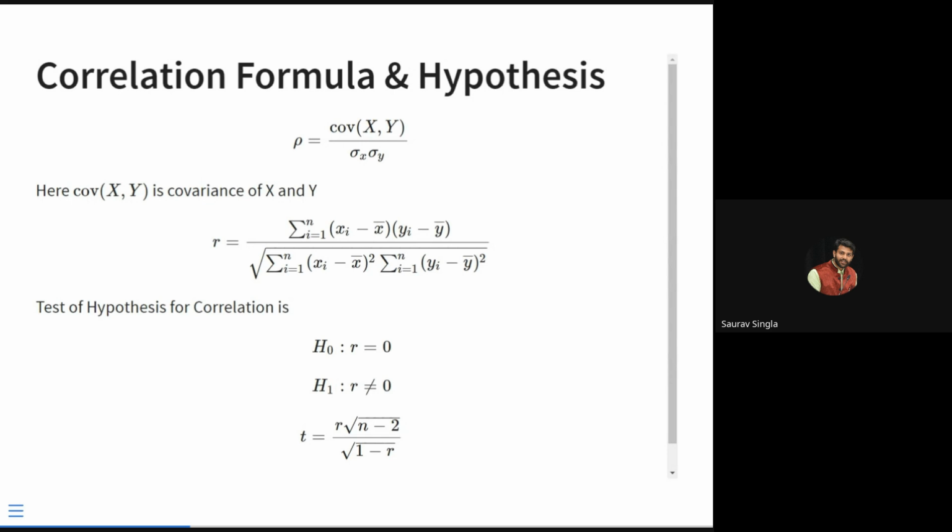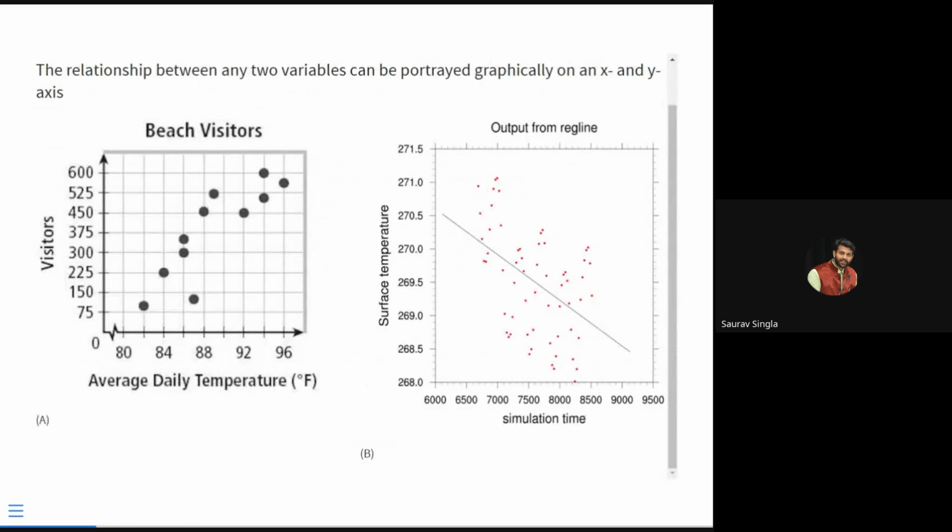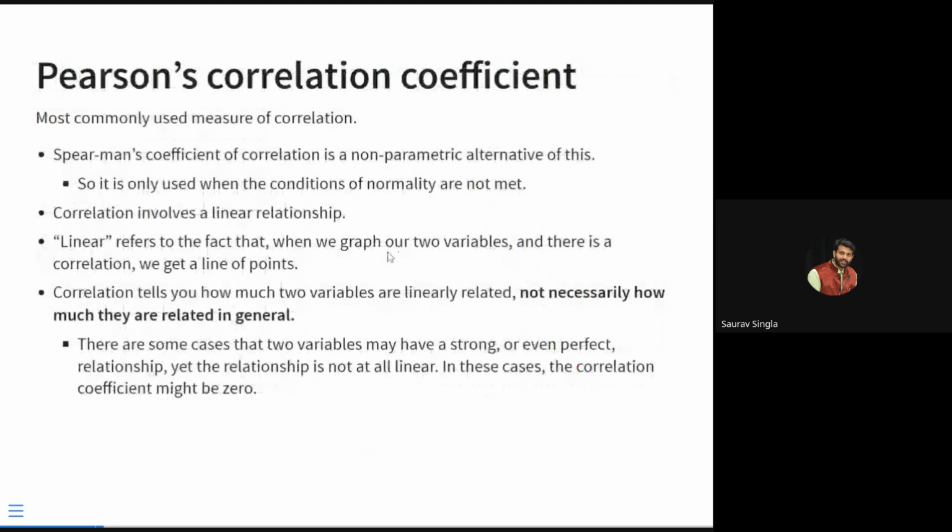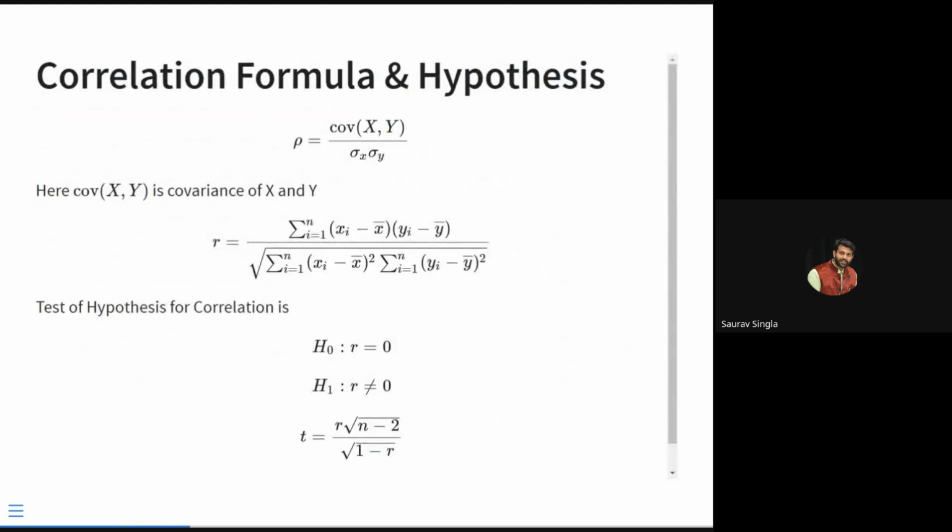So here we are assuming that there are two variables. One of the variables is x and another variable is y. Like here we were assuming two variables, simulation time and surface temperature. Here we are also considering two variables, x and y.